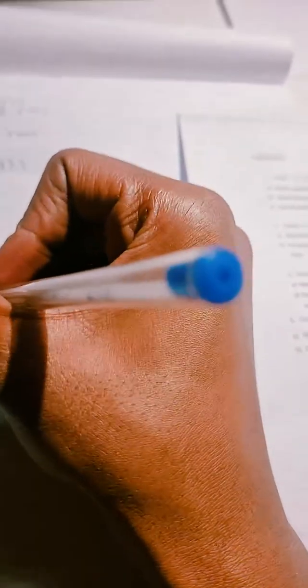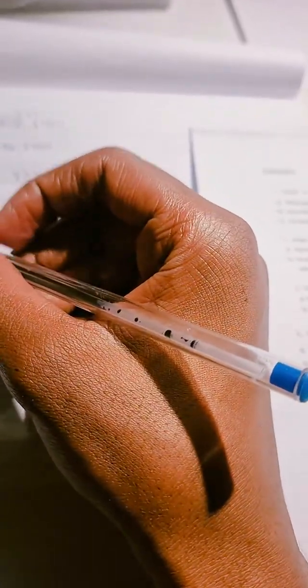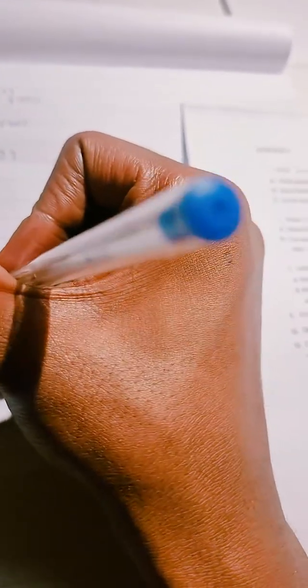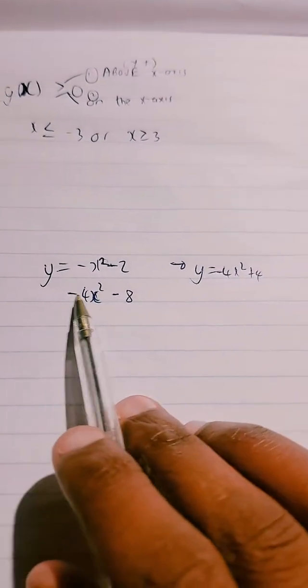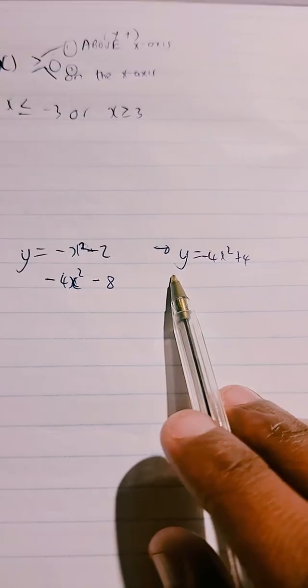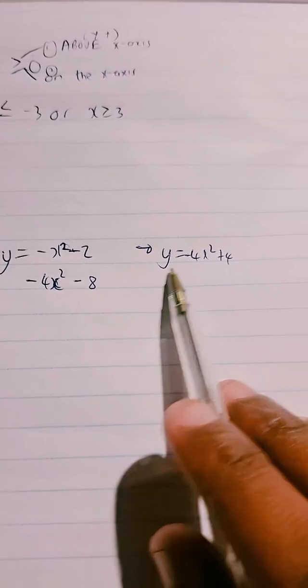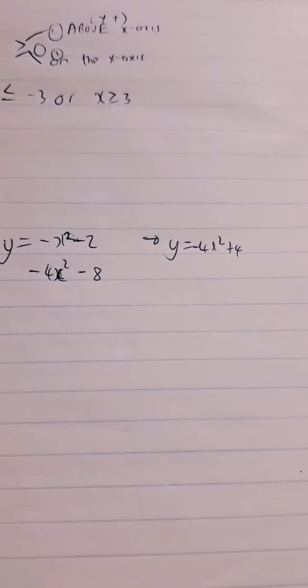If you say this thing is vertically stretched by a factor of 4, you must understand that you're multiplying throughout by 4. Then what happened after that? I hope you see.